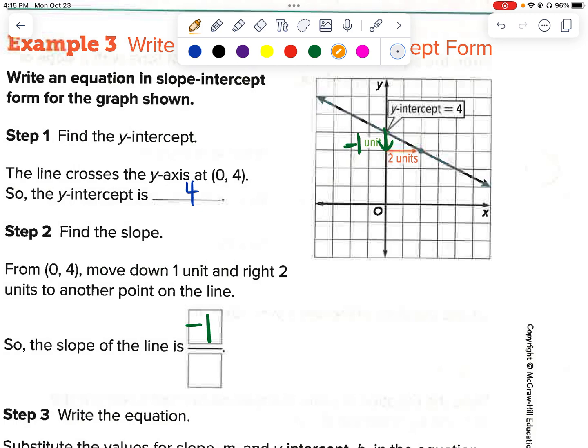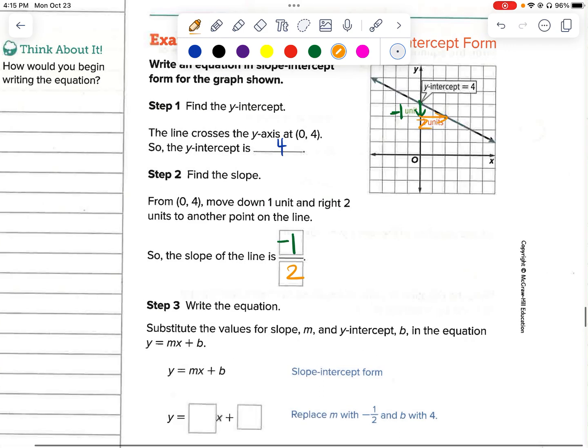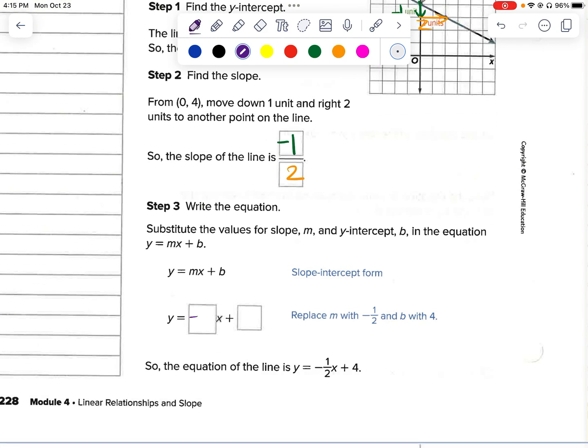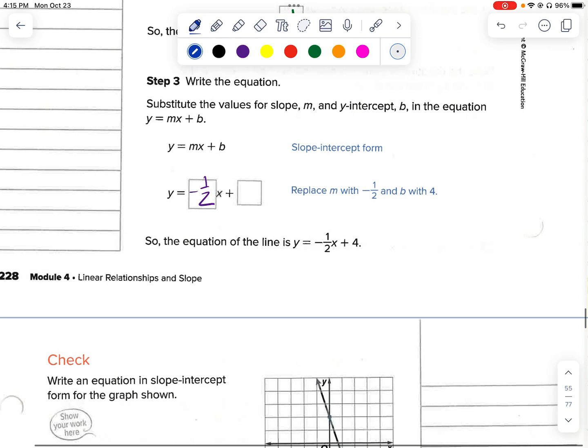We went to the right 2. So 2. So I'm going to write it in my equation. -1/2, because that's what my slope was. My y-intercept was 4, so plus 4.